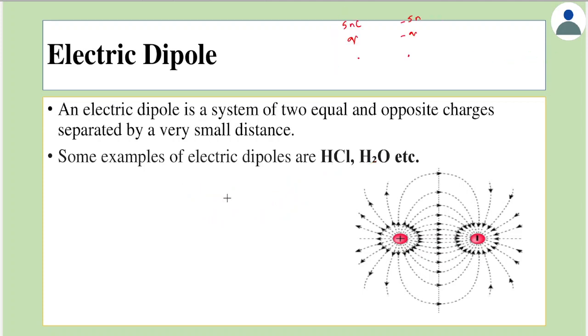The electric field of a dipole was already discussed in the previous lectures, which would be of this type. These are called electric lines of force, and recall that a tangent drawn at any point to the line of force would give the direction of the electric field at that point. So this is what is called a dipole or an electric dipole.